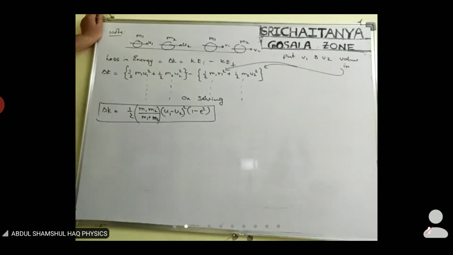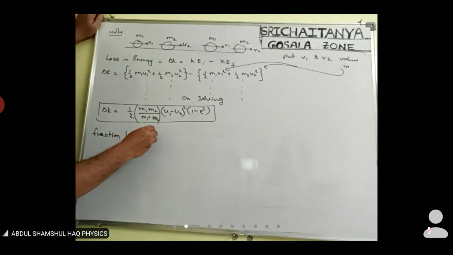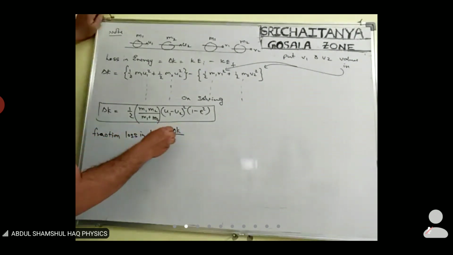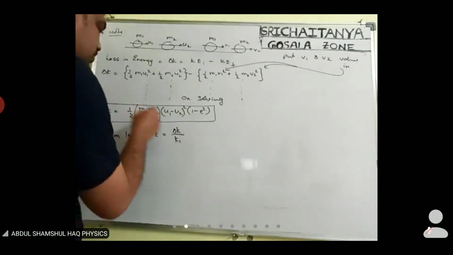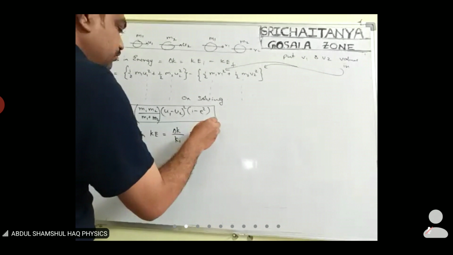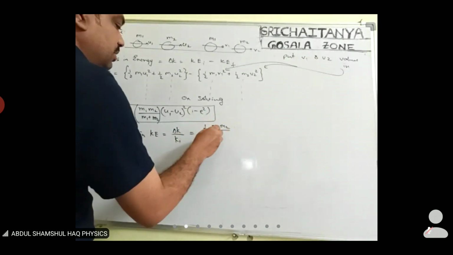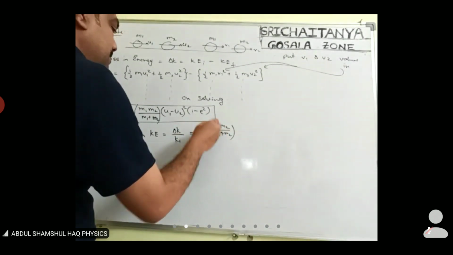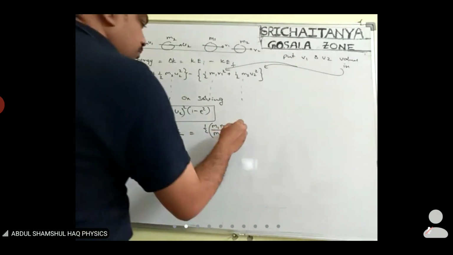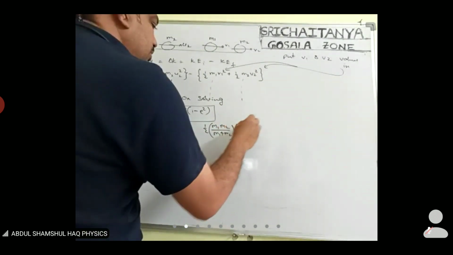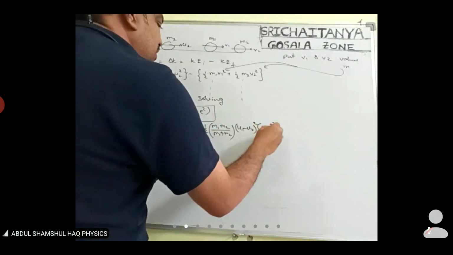Understood? Suppose they ask for the fraction loss in energy. Fraction loss in kinetic energy is given by delta K divided by K initial. What is delta K? Here you have this part: half m1 m2 divided by m1 plus m2 into (u1 minus u2) whole square into (1 minus e square).